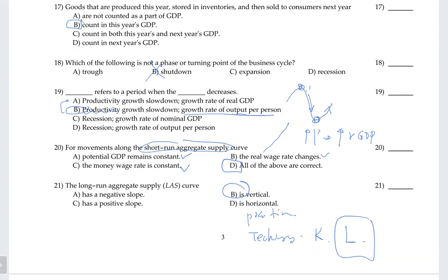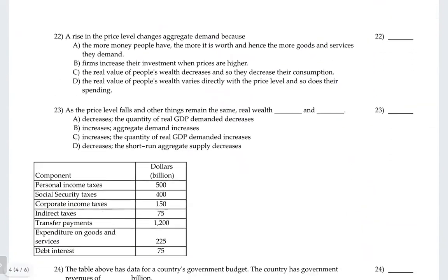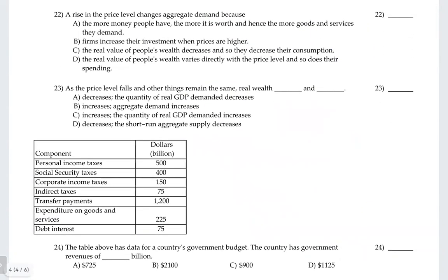Now we go to the next page, 22. A rise in the price level changes aggregate demand. Why is that? The answer is C. The aggregate demand curve is downward sloping: higher price, lower aggregate demand.